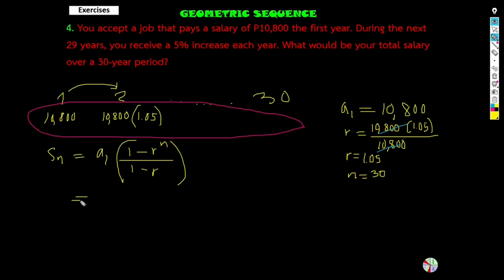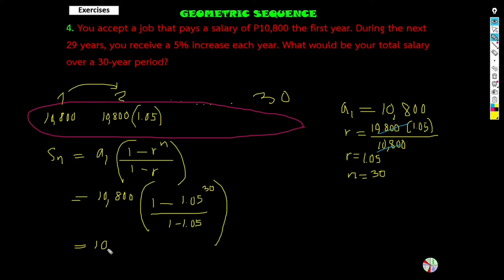So this will be S sub n equals 10,800 times 1 minus R to the power of n, which is 1.05 to the power of 30, all over 1 minus 1.05. Okay, so we need to solve for this. 10,800 times 1 minus, what is 1.05 to the power of 30?